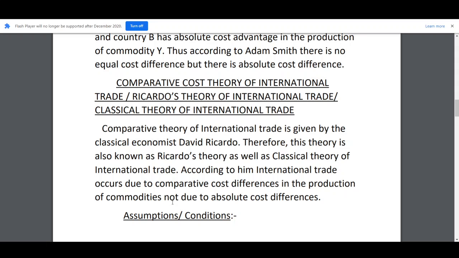After that, we come to the comparative cost theory of international trade.